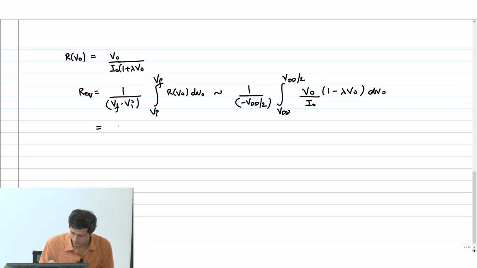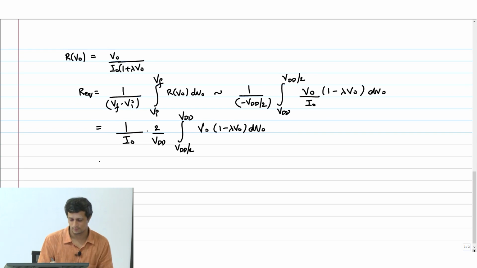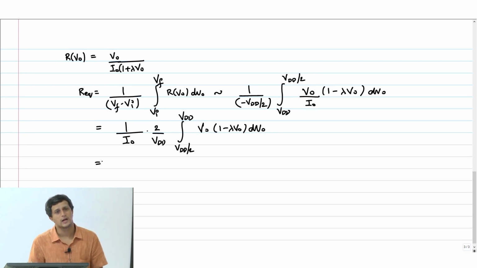Of course, now I0 is a constant, so I will just write 2 by VDD into V0 into 1 minus lambda V0 dV0, right? So what did we get as the answer here?